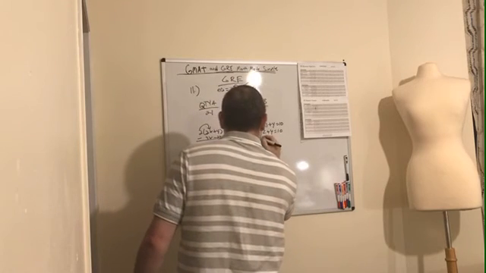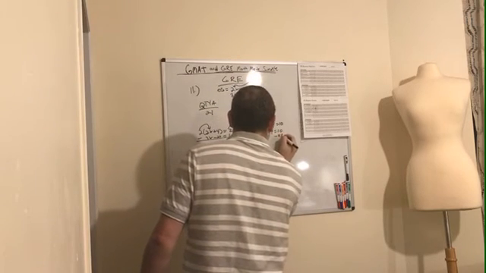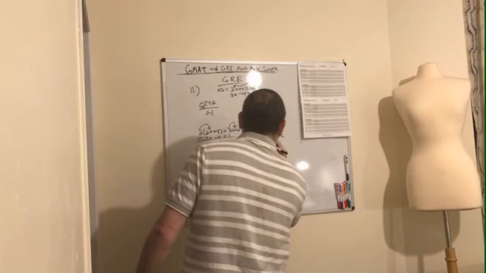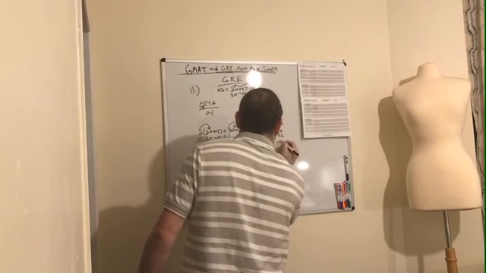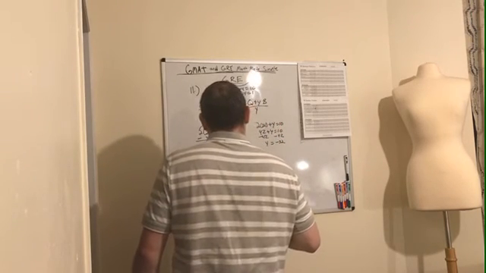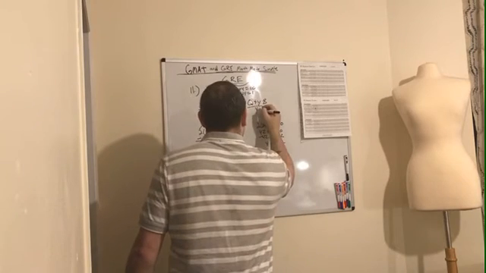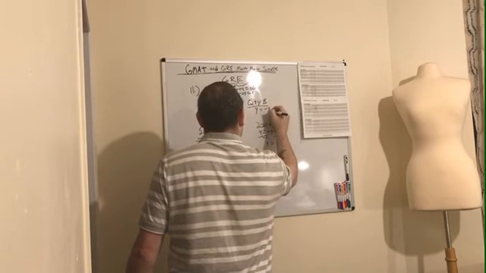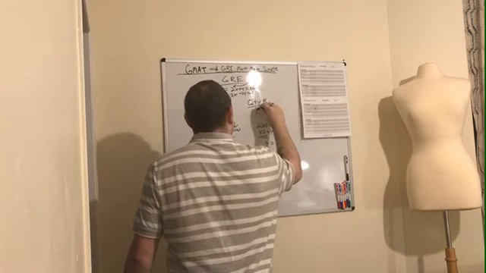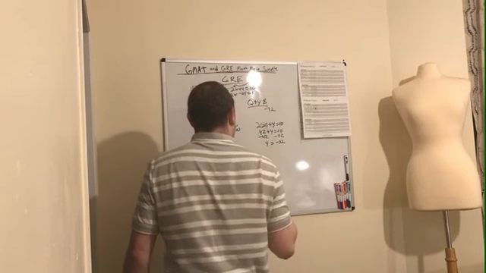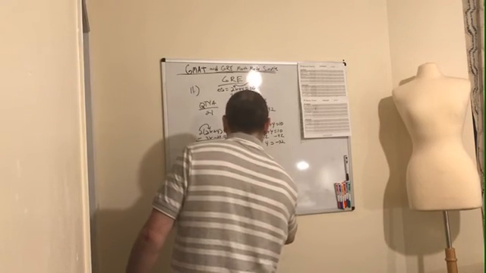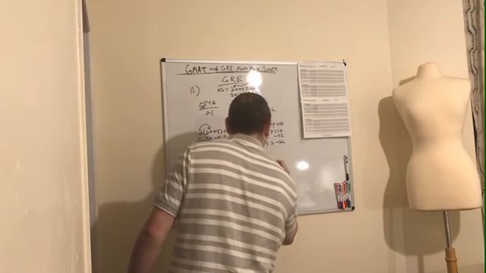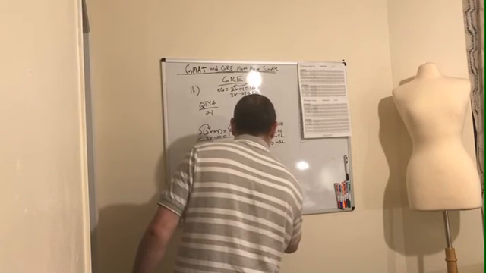We subtract 42, and y will equal -32. So now we can see that quantity A is larger. So we say quantity A is greater.